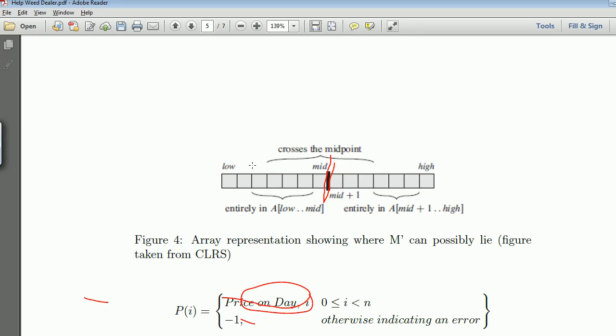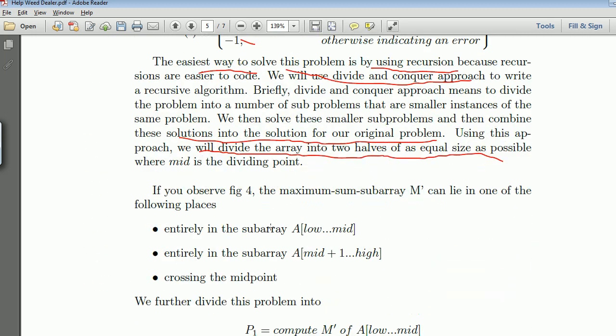Since the subarray is contiguous, it could lie entirely to the left of mid, or entirely to the right of mid, or it could lie in between: start somewhere to the left of mid, cross the mid, and end after mid. So these are the three cases.